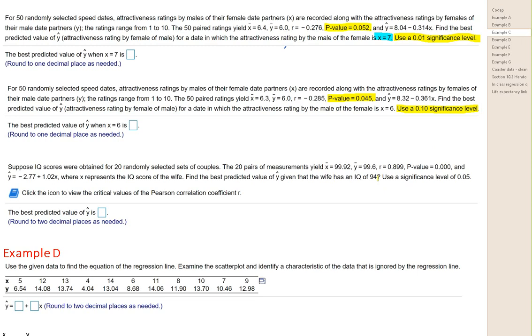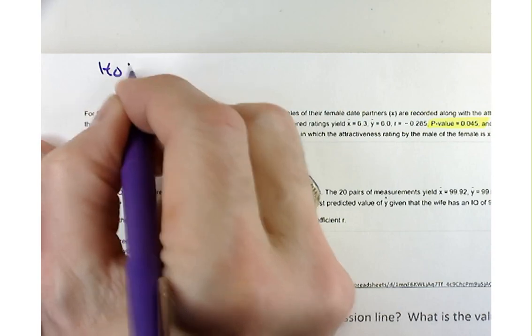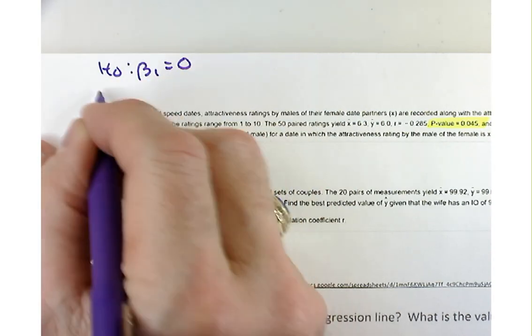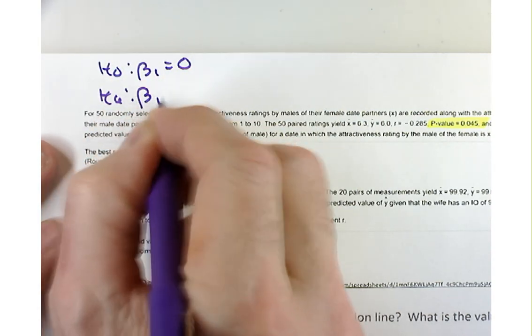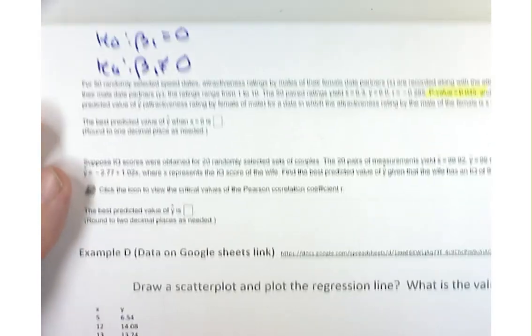We're still going to be testing the same null and alternative hypothesis. That is, H sub 0 such that beta 1 equals 0, and the alternative is that it's not equal to 0.